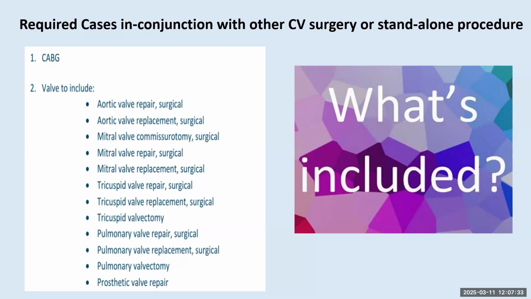And then your valves: any kind of aortic, tricuspid, mitral, or pulmonic valve procedure, either replacement or repair, or even a valvectomy, automatically goes into the database if you have a participating CT surgeon doing it. That's step number one, and we've already got past that. We know we have a participating surgeon, so now we're going to look at just the case level.